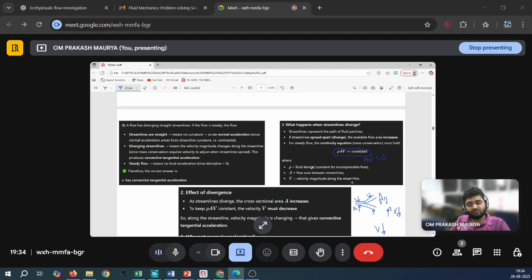As you are moving in the forward direction, or if I draw the x-axis and y-axis here, as you are moving along the x-axis, the velocity is changing. The velocity changing means your flow has acceleration. So this is the convective acceleration here.